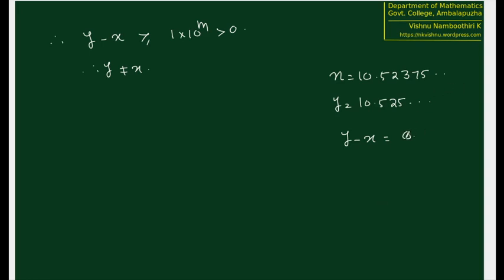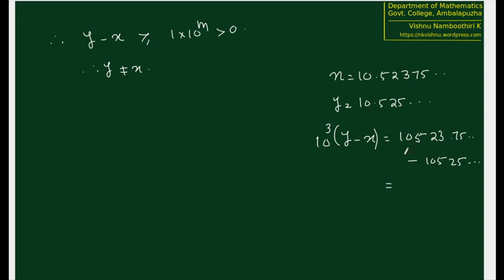Otherwise, for the simplification, where is this change happening? 1, 2, 3. Okay, we will take 10 to the power 3 for somewhat simplicity. So this is going to be 10523.75 etc. minus 10525 point something.